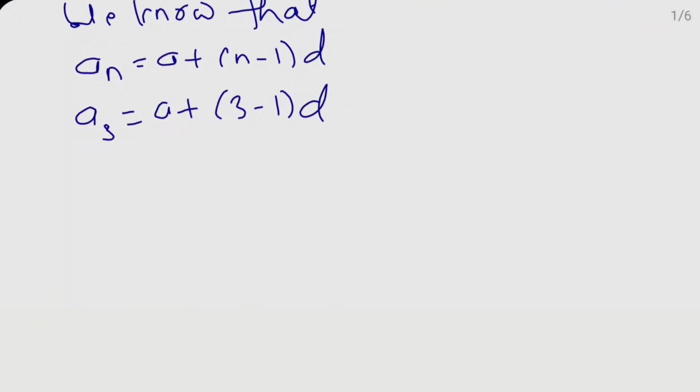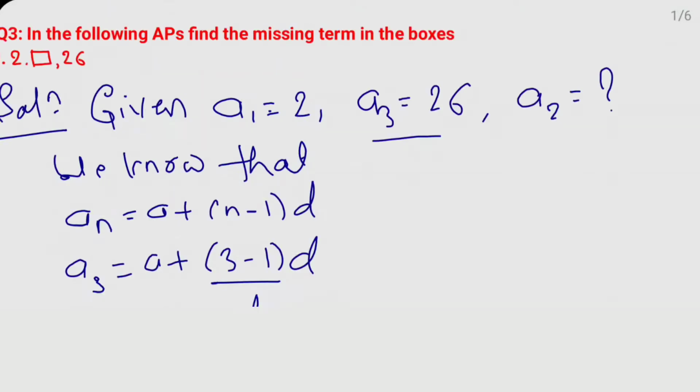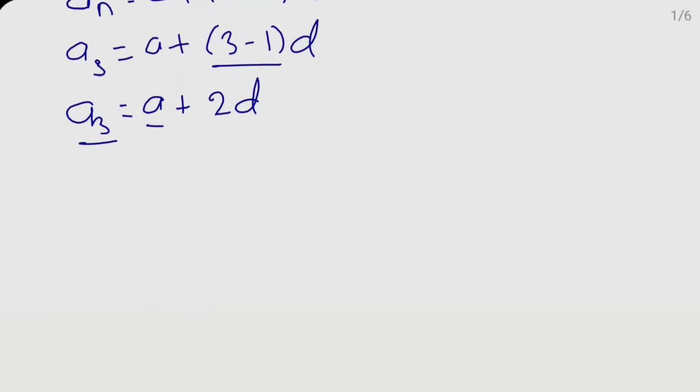And now here a3 as it is, a plus 3 minus 1 is 2d, and here we have first term and a3. So substitute that value. A3 is 26, a is 2 plus 2d.